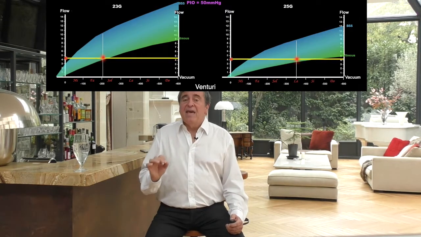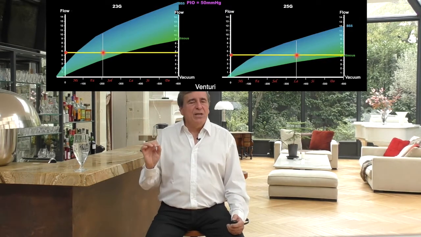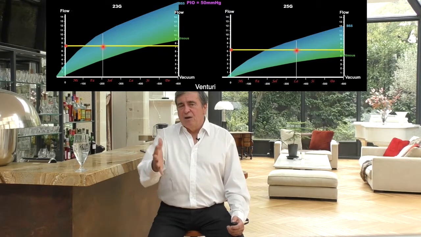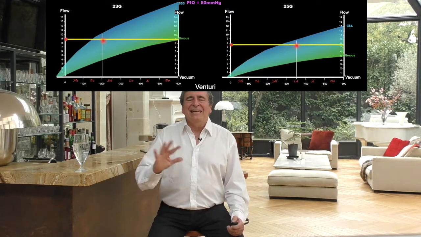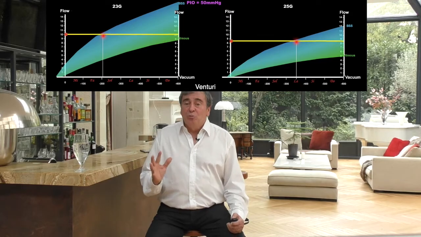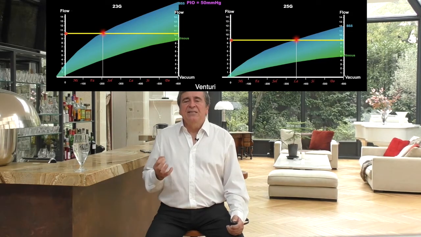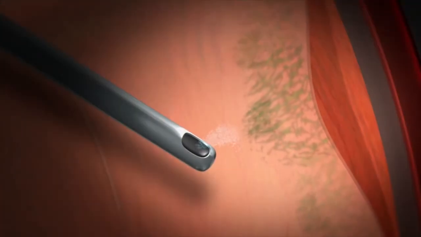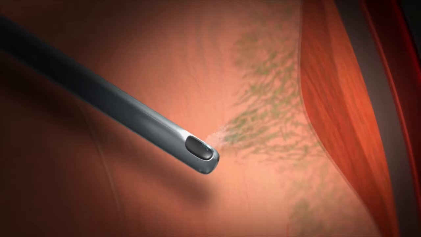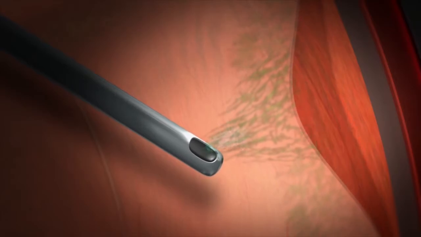But he will then have a too high aspiration flow in the BSS, in the order of 8 to 11 cc's per minute, which will attract the vitreous in an uncontrollable way, because you must understand that it is the BSS that is sucked in that makes the vitreous come into the port.